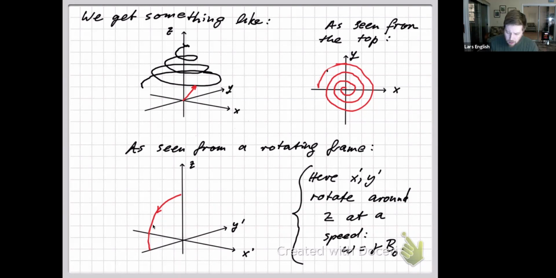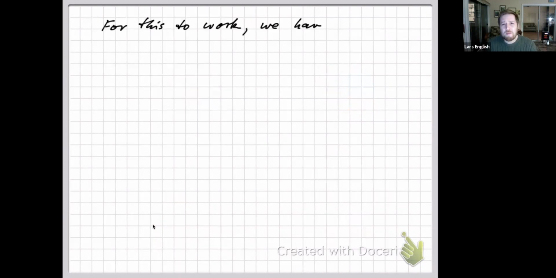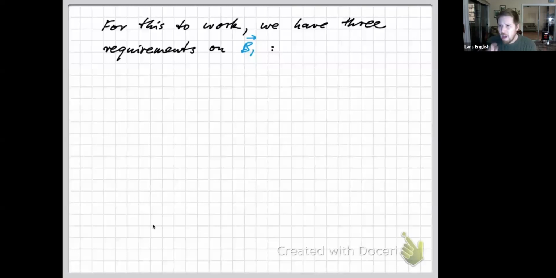All right, so for this to work, there have to be three requirements on B1. B naught is a static, strong magnetic field, a couple of Tesla, along the z-axis. We have to specify what we need out of the B1.